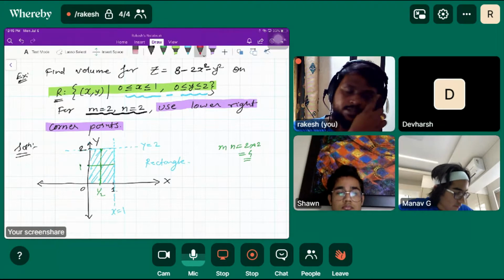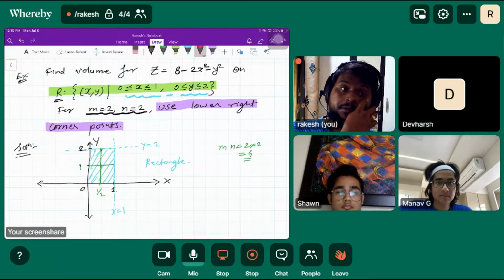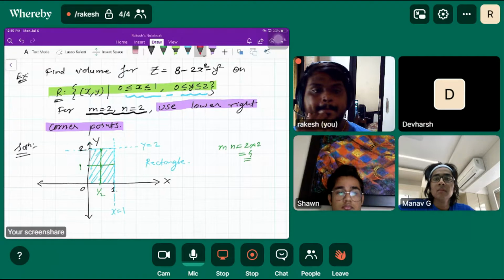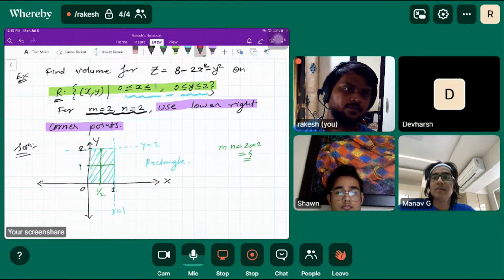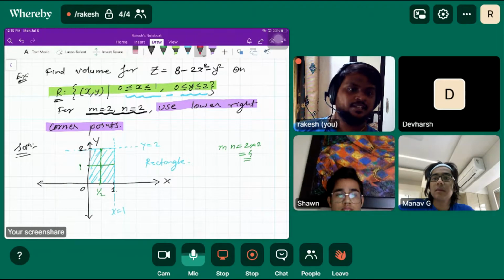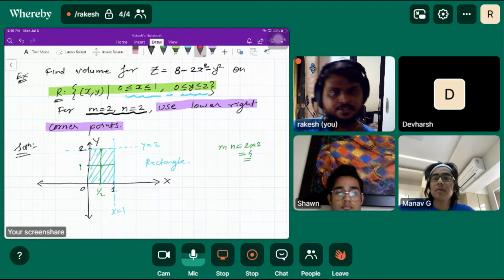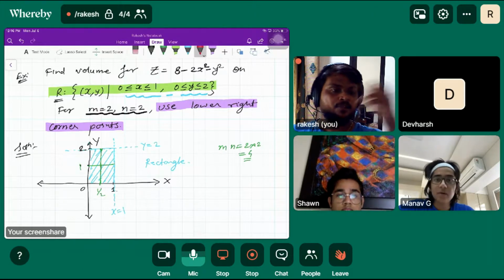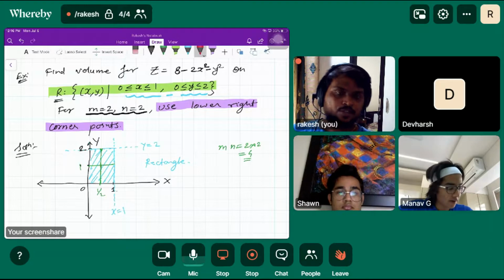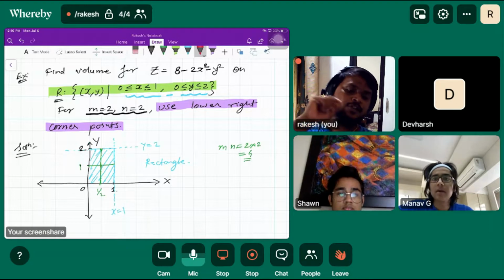Which x and y? Use lower right corner points. In the question it will mention which point we have to consider. It may be either from the boundary or within the rectangle. So use the lower right corner points.